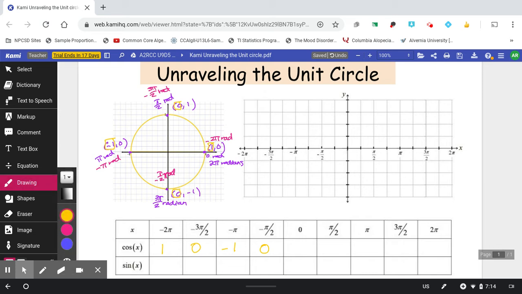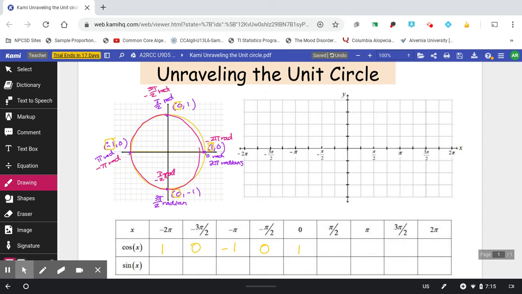And then I'm going to go back around. So here I'm really just going around in a circle. I'm starting here and I'm going around in a circle. And as I'm going around in that circle, I am listing what my coordinates are. Okay, so at 0 degrees or 0 radians, both would be the same, I'm back at 1 again.